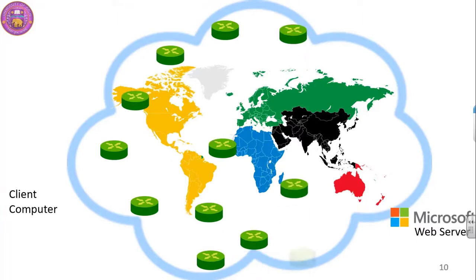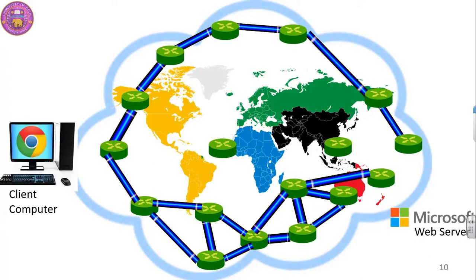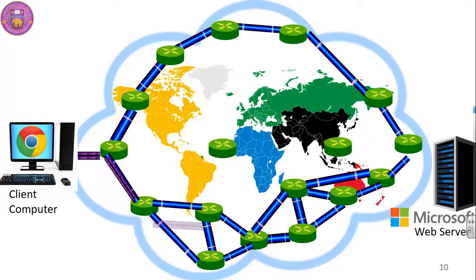Look at this example once again. Different routers are connected to each other and a request from the client computer goes to a router which forwards it to the next router. In this way the information goes to the Microsoft Web Server.